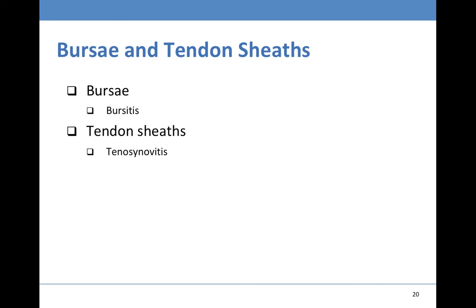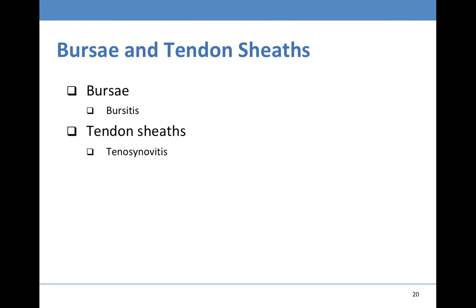And the bursae are synovial fluid-filled sac-like structures. These fluid-filled sac-like structures of synovial fluid will cushion the movement of one body part over the other. So they serve as kind of a little fluid pillow, so to speak. And they're found where one body part moves over the other. And then we have tendon sheaths.